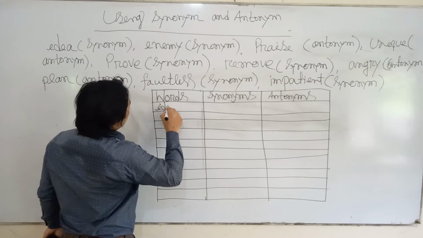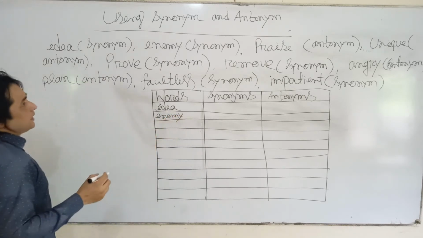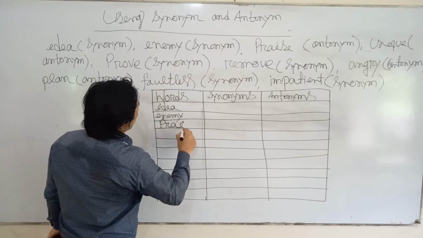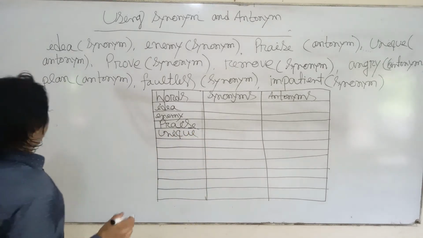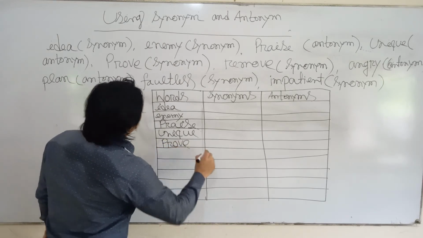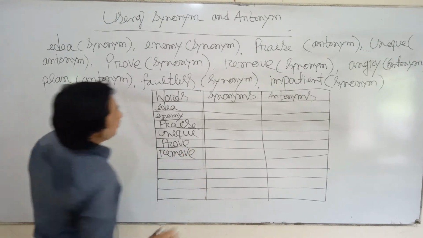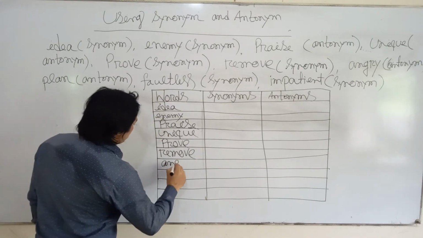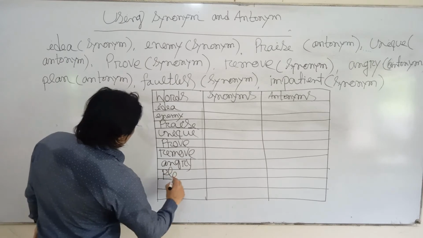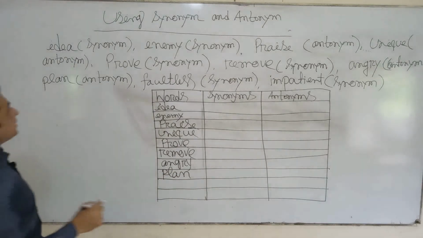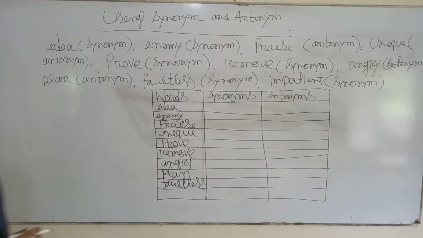First, idea, then enemy, then praise, then unique, next proof, after that remove, next angry, then plan, next to plan faultless, and then impatient.